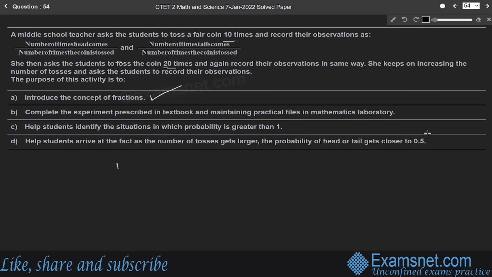Right? So here what is probability? Probability means possibility. It is a branch of mathematics that deals with the occurrence of a random event.